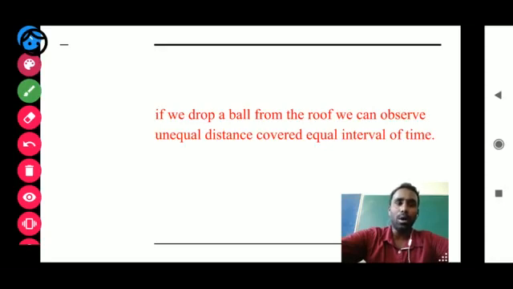If we drop a ball from the roof, we can observe unequal distances covered in equal intervals of time. So this is called non-uniform motion.